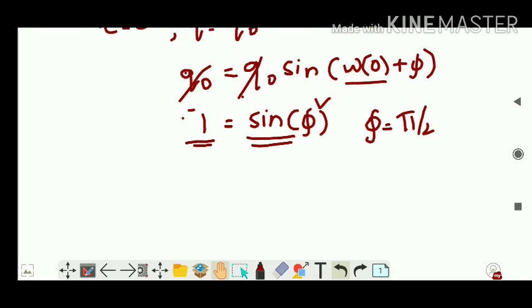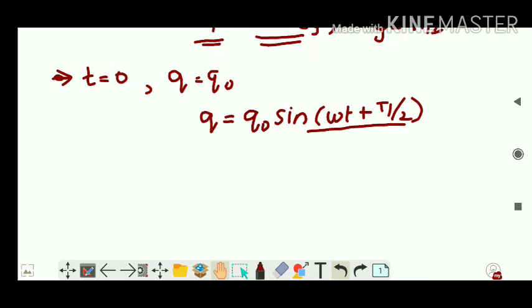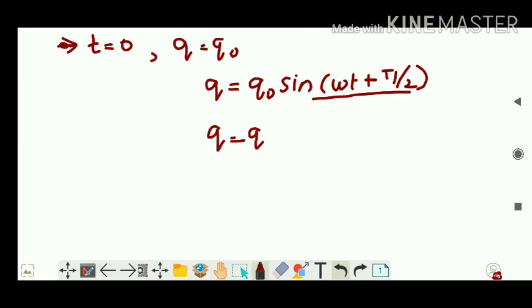So now I can substitute for phi for this condition. When at the initial condition the capacitor is fully charged, the expression for the charge stored in the capacitor is written as q is equal to q naught sine omega t plus pi by 2. Now sine omega t plus pi by 2, I can write as q is equal to q naught cos omega t.